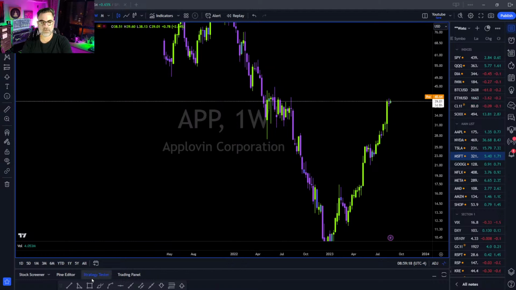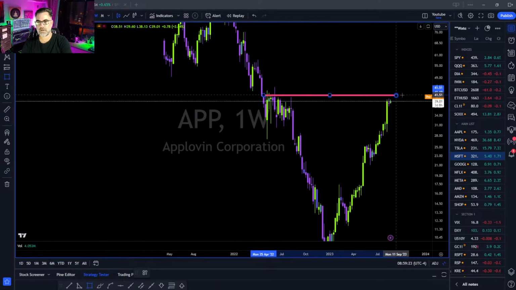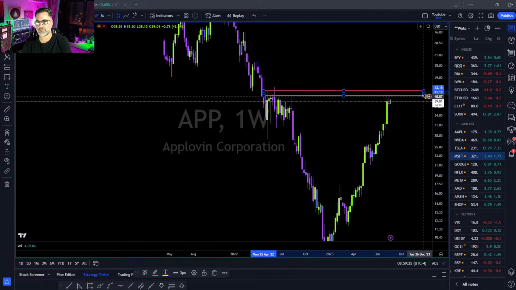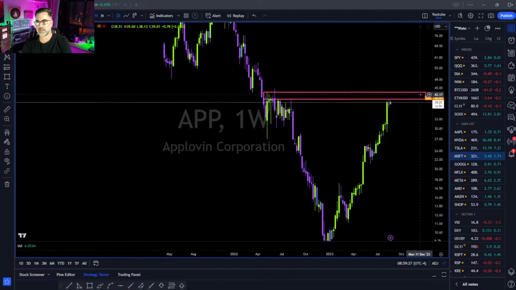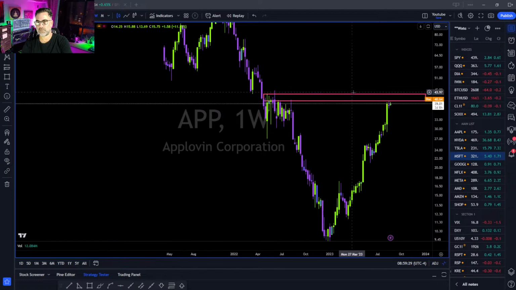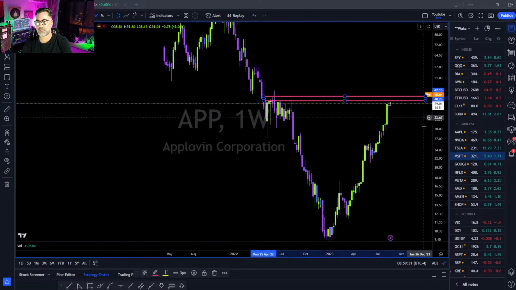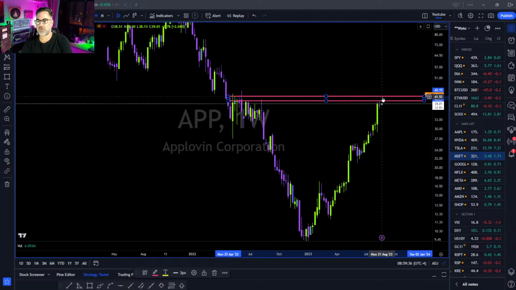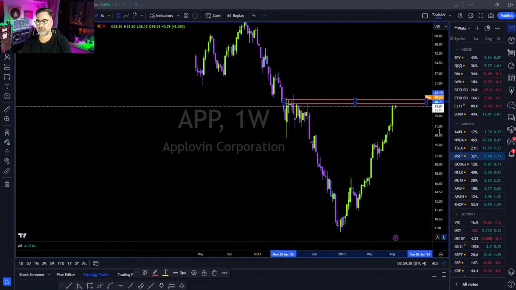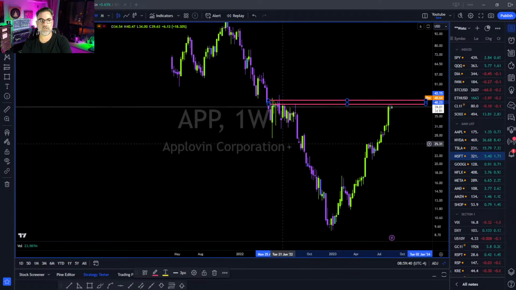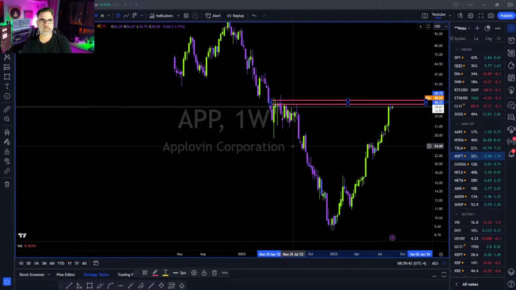You can also see it like this. All this area, tough resistance. So maybe wait for a close 2-3 days above this red box, above the 42 even. I hope it answers your question.